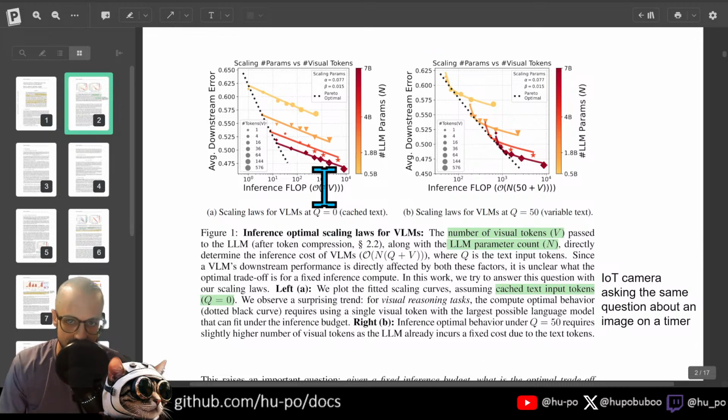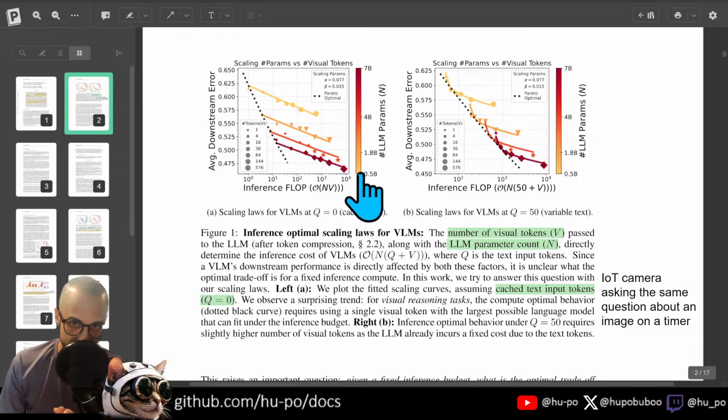And this is n times v, where n is the number of parameters in the LLM, and v is the number of visual tokens. So you can see there's kind of a relationship there, right? If you double the number of visual tokens, you have to make the LLM parameter count 1/2 of that, right? And if you make the LLM smaller, then you can increase the amount of visual tokens, assuming you want the same amount of inference flops, which is basically how much compute you're going to have to use in order to perform one inference on this actual vision language model.